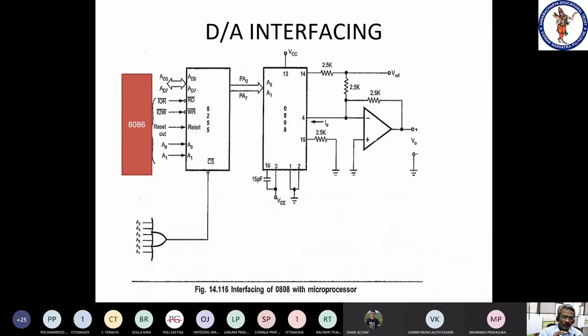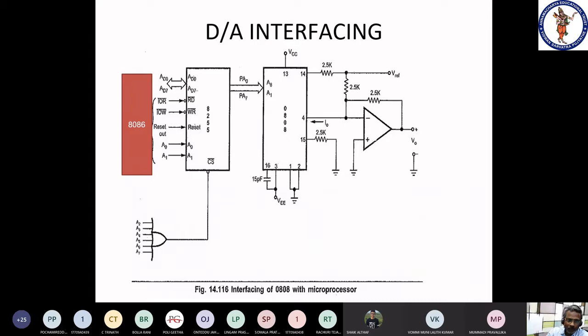Once you know this information, you have to prepare a control word according to your requirement. Your requirement is one port, used as an output port, and this application is performed in I/O mode of operation, simply mode 0.